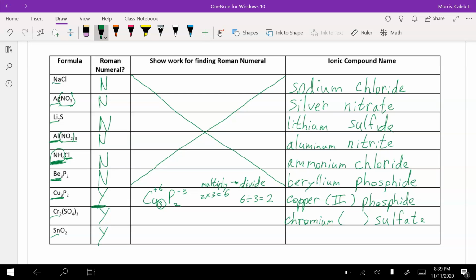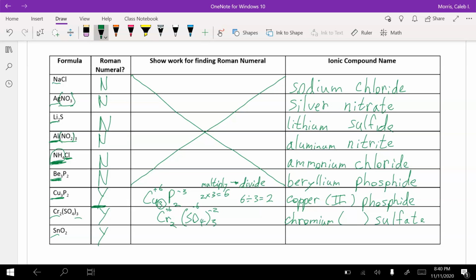And we saw that it had a -2 charge. So each SO4 has a -2 charge. You see here that I have 3 of those, and I have 2 Crs. So the way I figure this out is I multiply and then divide. 3 times -2 gives me -6. That means chromium has to be +6.